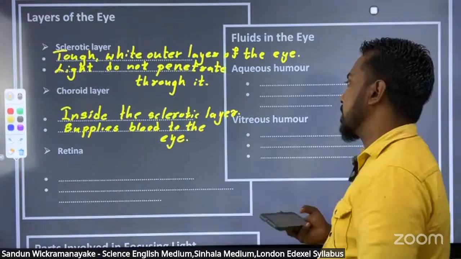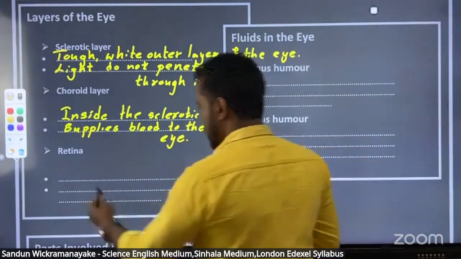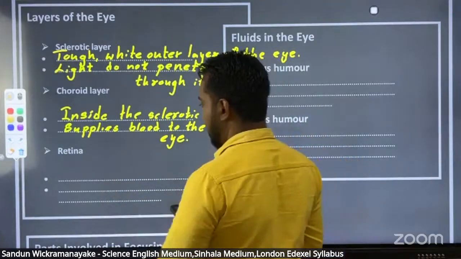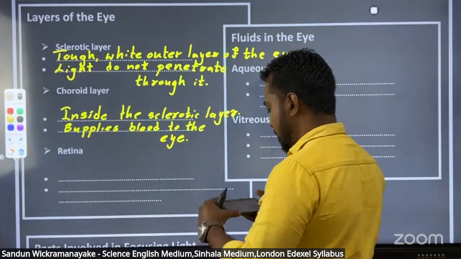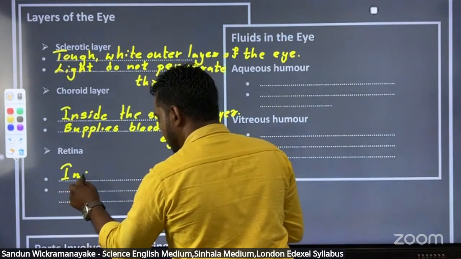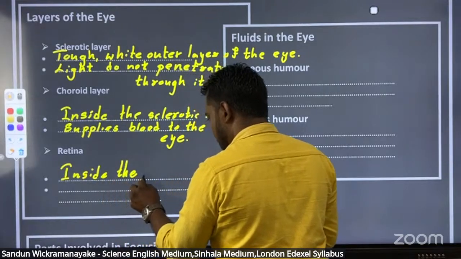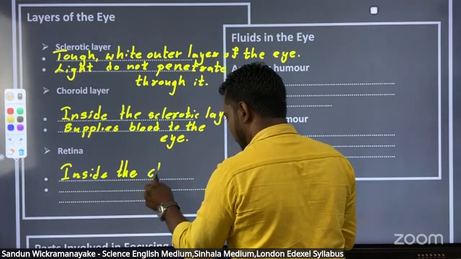Inside of this choroid layer, there's another layer known as the retina. It's situated inside the choroid layer.